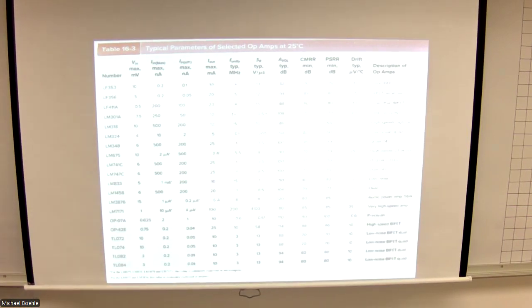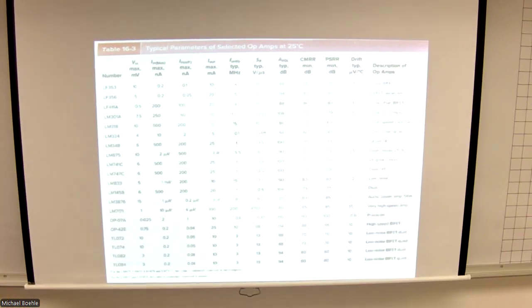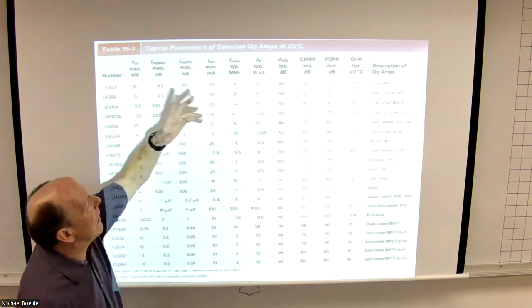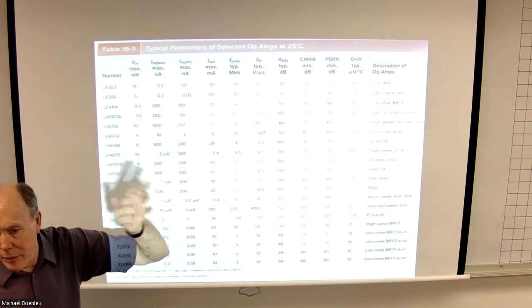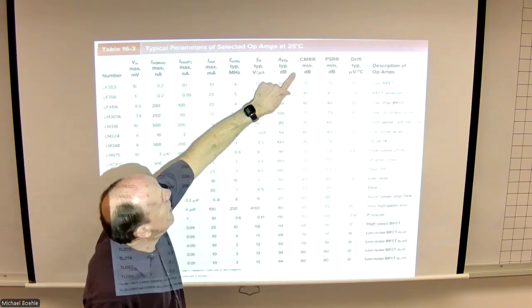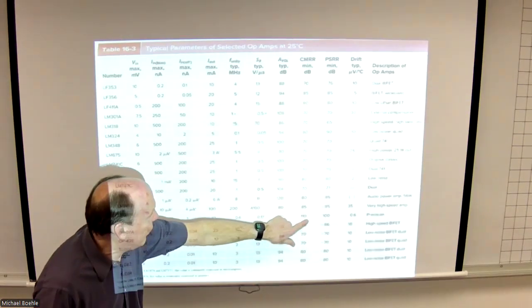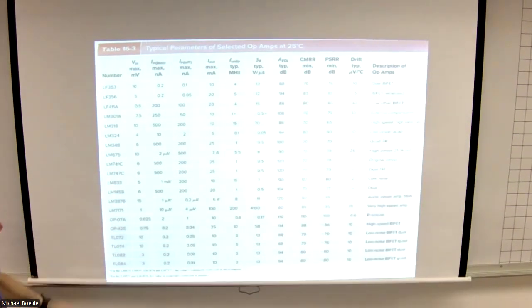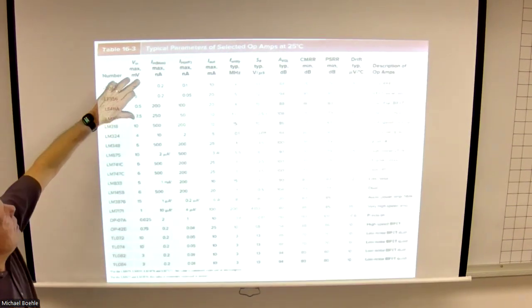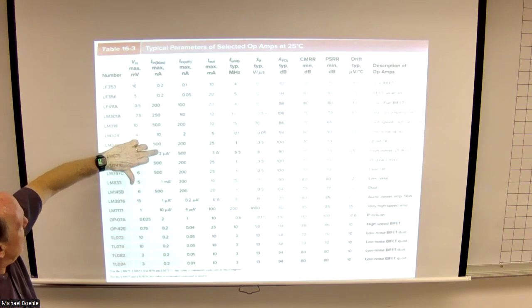So you can go through here and figure out what you're looking for. Do I want a good high slew rate because maybe I'm putting in some type of square wave and I want a good fast response? Do I want a really high common mode rejection ratio? There's one for you, 110 dB. Do I need a really low input bias current?